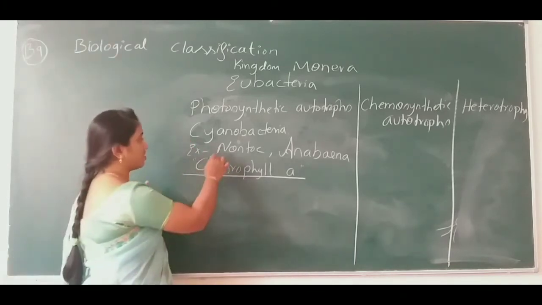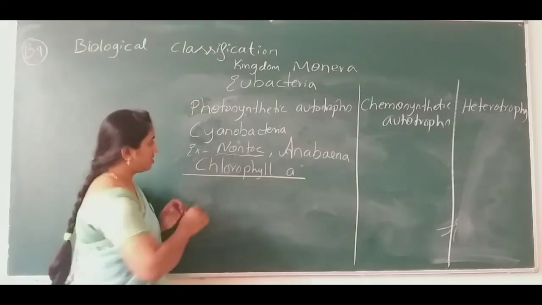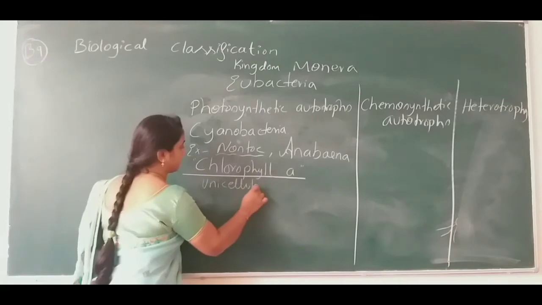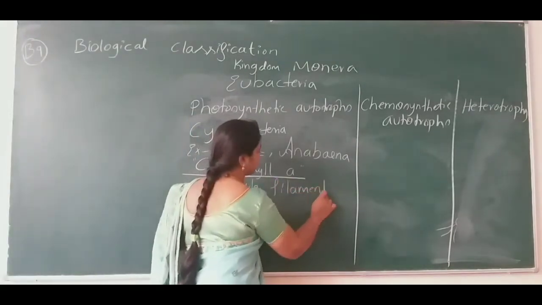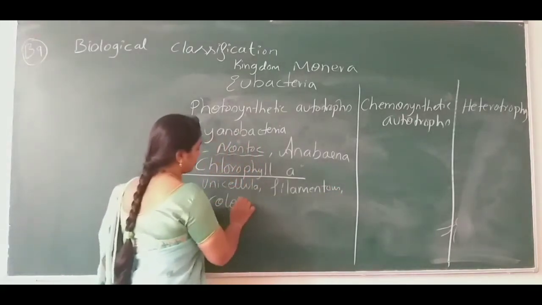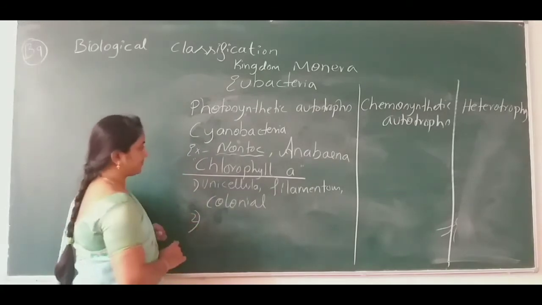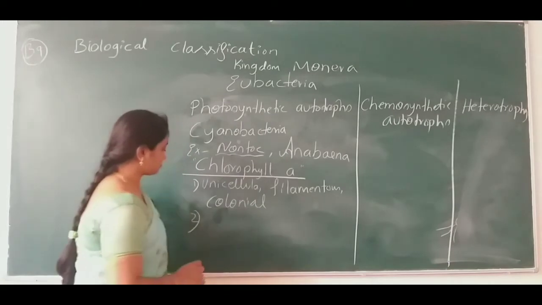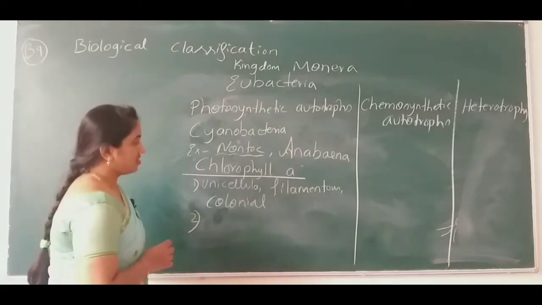Okay, so now I am going to describe Nostoc. Nostoc is a unicellular, filamentous, colonial organism, a colonial bacteria, and the cells are arranged one above the other.